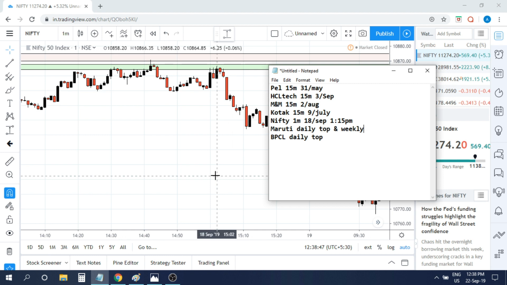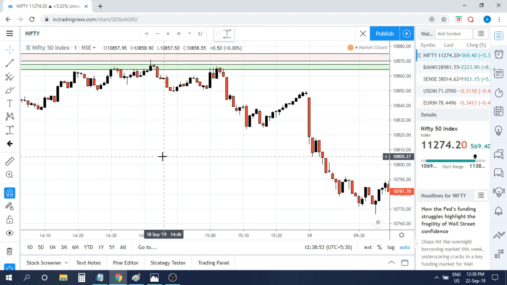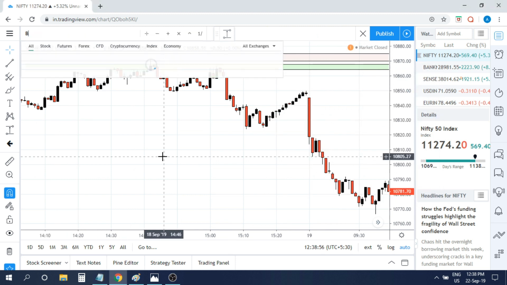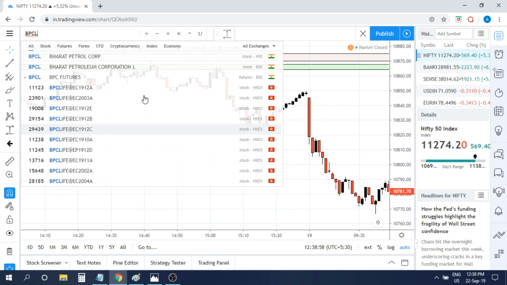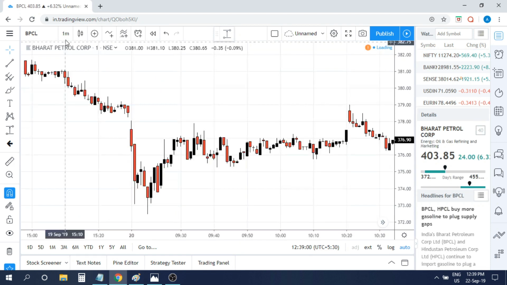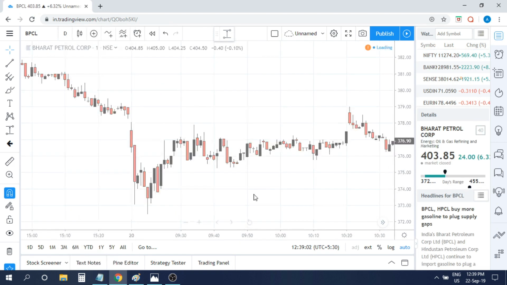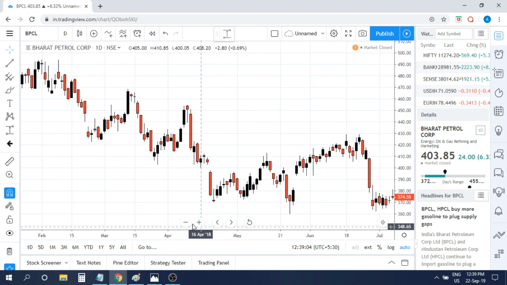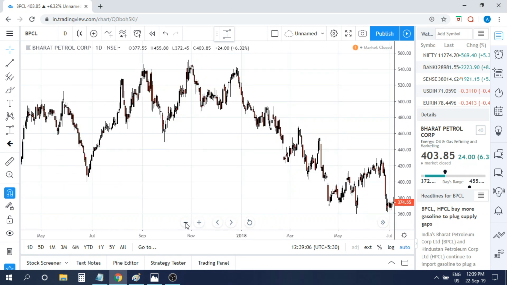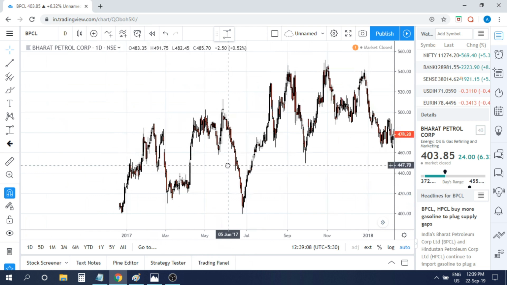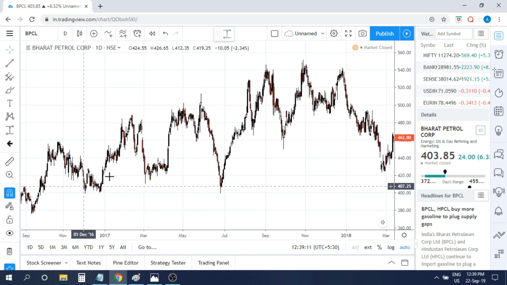So this is the last example I'm about to show you. This is again on BPCL's daily price top. So here you can see that BPCL was in a nice uptrend.